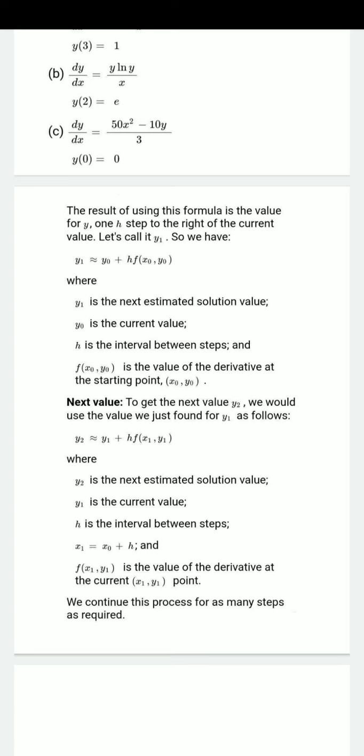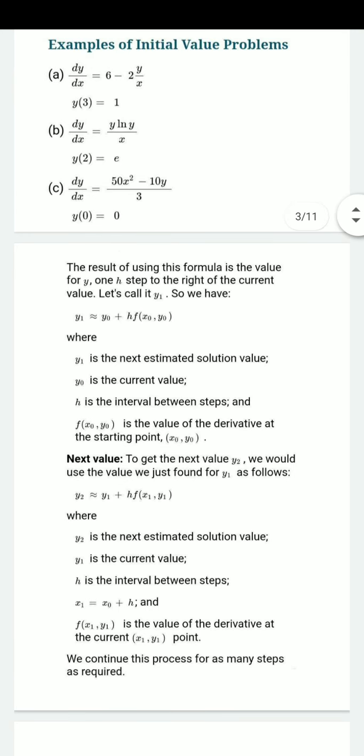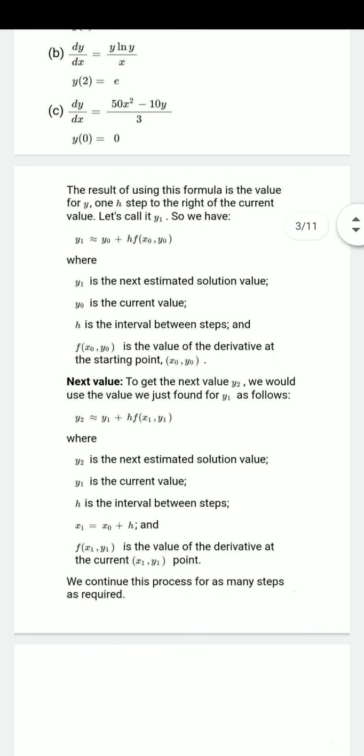That is, y(x0) equal to y0, and we let y1 equal y0 plus h times f(x0, y0), where y1 is the next estimated solution value, y0 is the current value, h is the interval between each step, and f(x0, y0) is the value of the derivative at the starting point x0, y0.